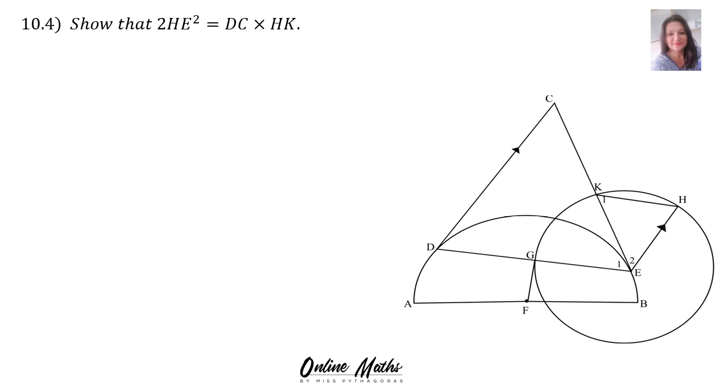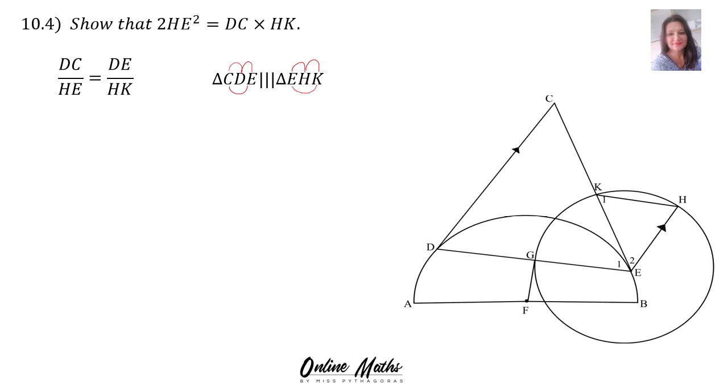Number 4. Show that 2HE squared is equal to DC times HK. Now, from our similarity from the previous slide, we can say that it works like this. The ratio CD over EH is equal to the ratio DE over HK is equal to the ratio CE over EK.